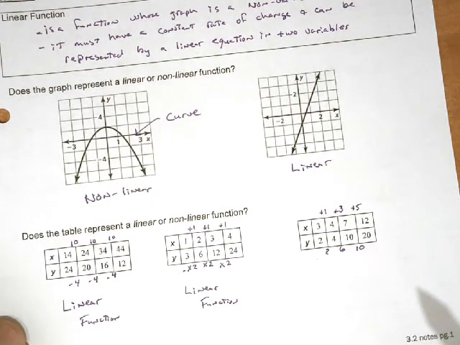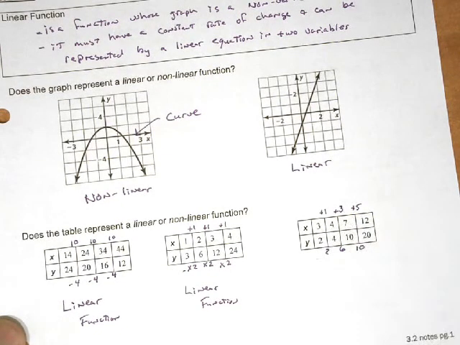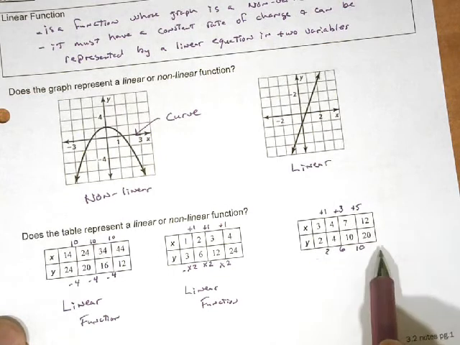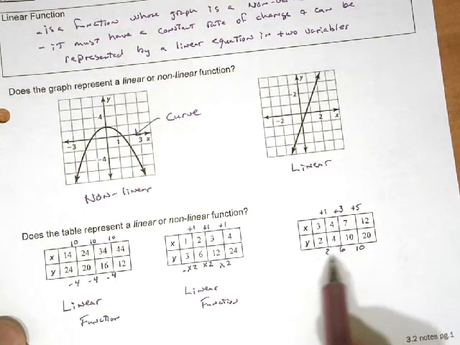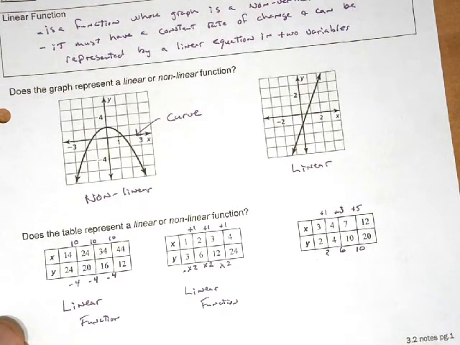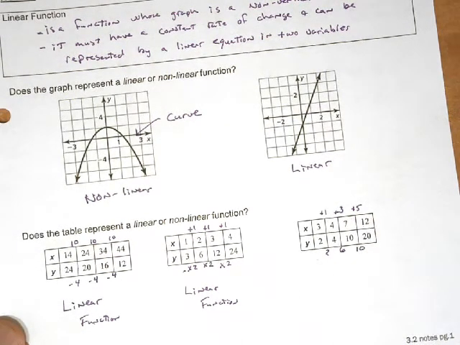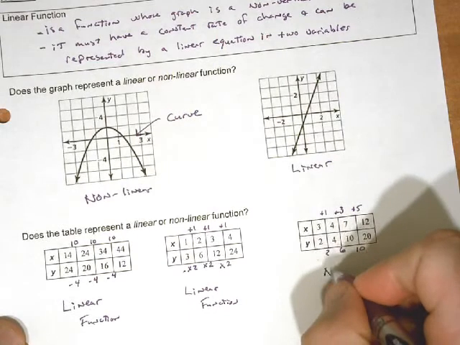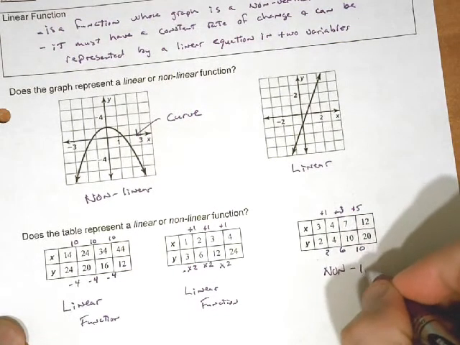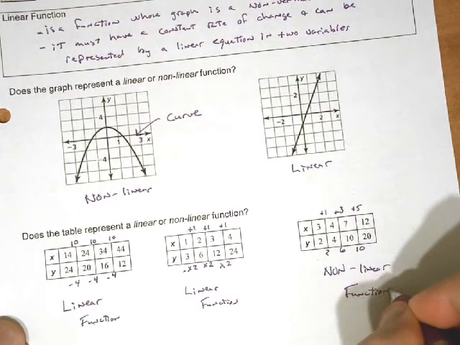There is nothing constant about our change in our y's, unfortunately. Even though we might have had odd numbers here as a constant for the top, it did not match up because we went a difference of 4, because we started with 2, so it's a difference of 4 after a difference of 2. So not constant, so nonlinear function.